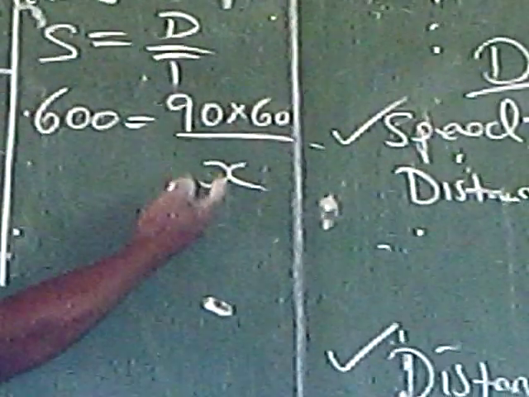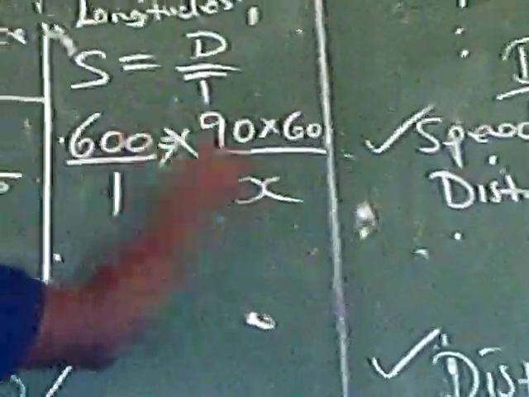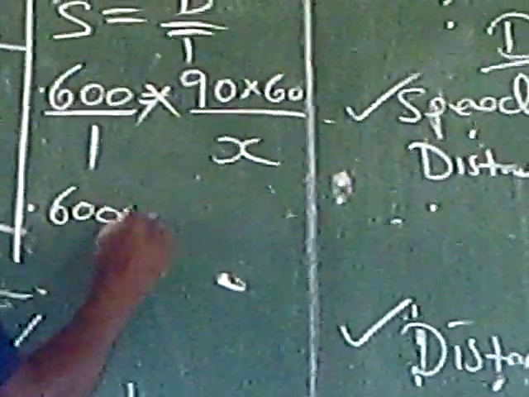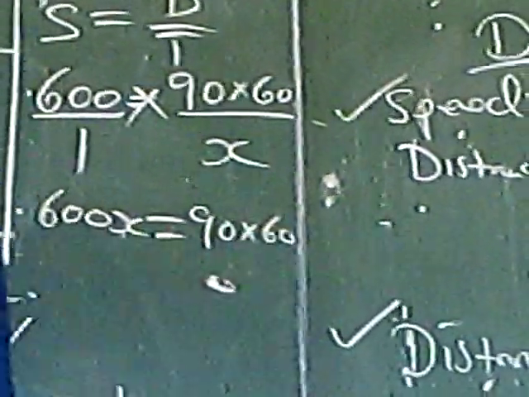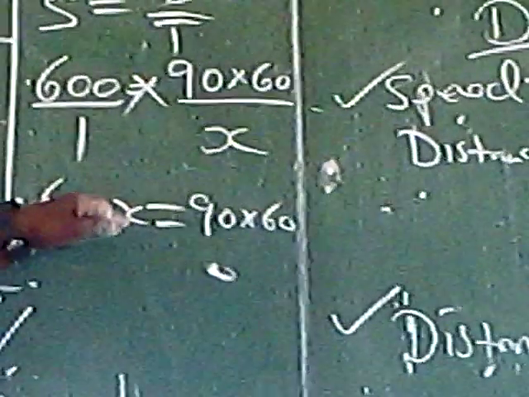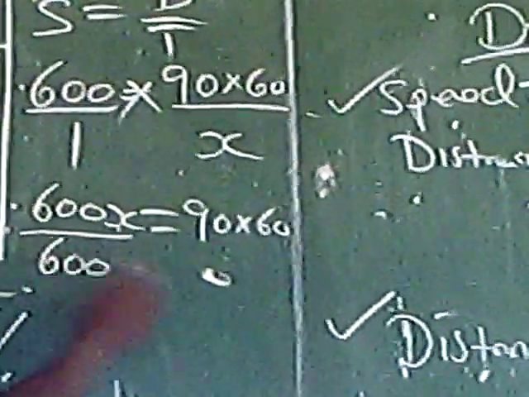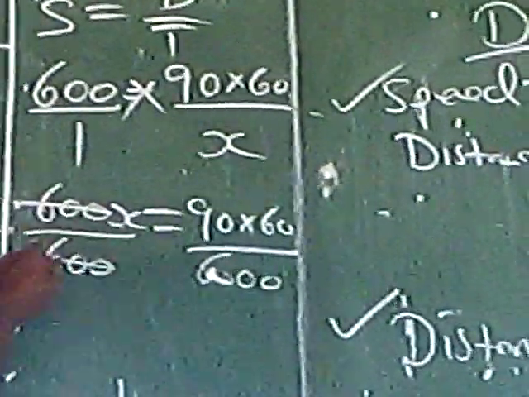Then I have to make x the subject of the formula, so I cross multiply. This one is 600x, and this one times that one is 90 times 60. Here I want to find x, which happens to be the time, so I divide all over by 600. Also here, all over by 600. I cancel this and cancel this, and I put the x.